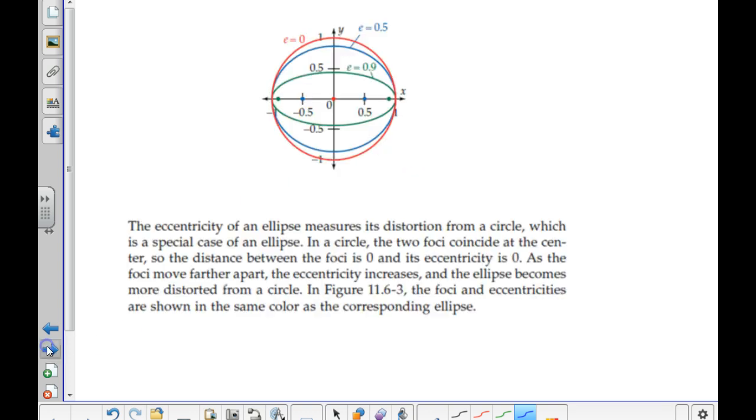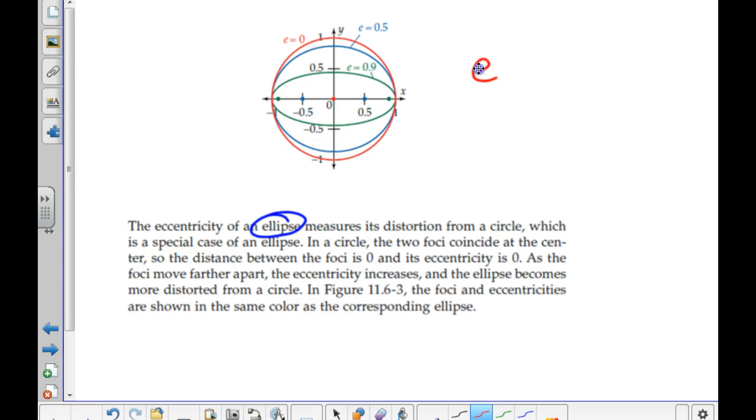What does that do? If you have an ellipse, the eccentricity measures its distortion from a circle. So when you have something like 0.5 or 0.2 or 0.1, you have a very narrow ellipse. When you get closer to 1, I just said that totally backwards.